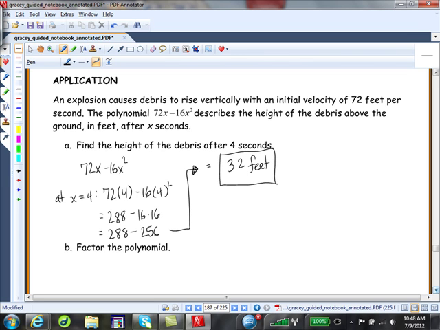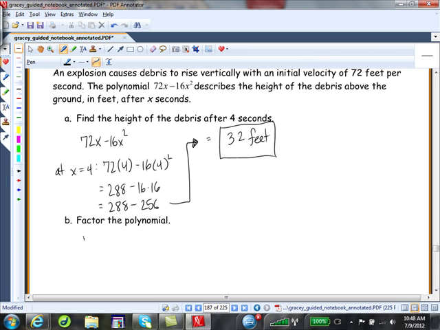All right, now let's factor the polynomial. So remember, 72x minus 16x squared. If we're factoring, let's see the largest number that goes into 72 and 16. I think it'll be 8, because 16 doesn't evenly divide 72.